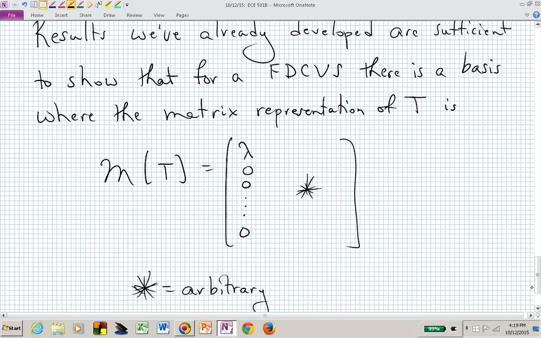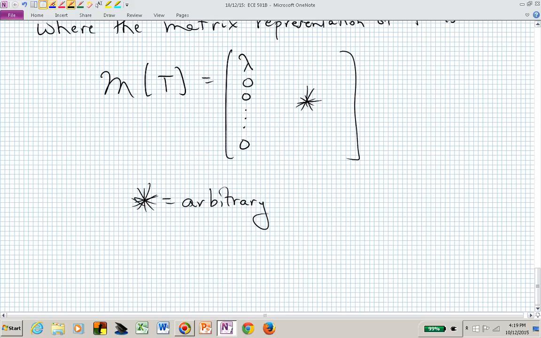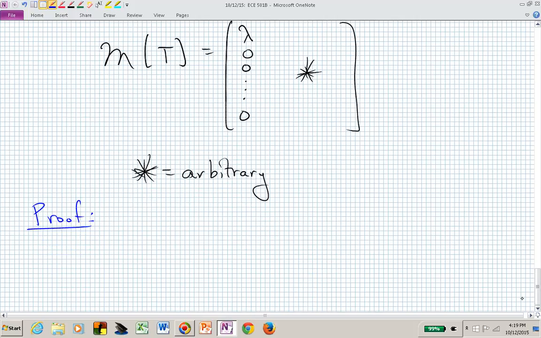So based on what we already have developed, we know that we can create a matrix representation for a linear operator, and here it's on a finite dimensional complex vector space that has this structure. Where did that come from? Here are a couple of facts that justify that, or a very rough proof.